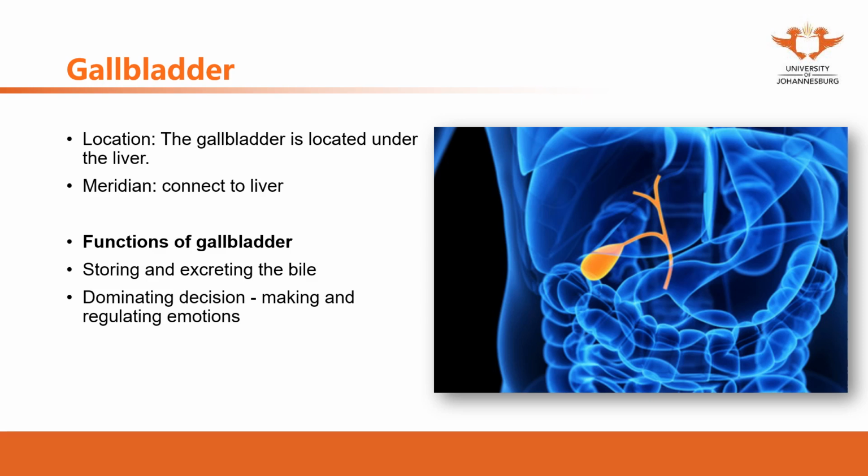That's another sign of the weakness of the gallbladder. So this kind of psychological and mental activity we refer to the gallbladder, and that's how we use the internal organs to analyze mental and psychological activities.